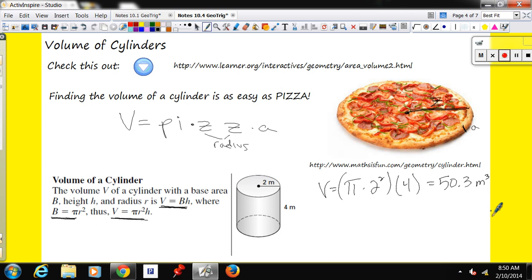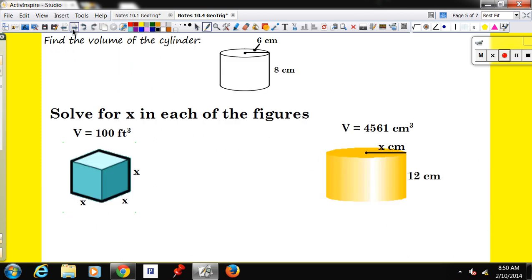I'm going to continue to move just so I can finish. There's like 2 minutes left. So let's get to those last couple. You can go back and see them if you need to. Find the volume of this cylinder. We're going to do pi times 6 squared. That's my big B, and my h would be 8. So 36 times pi times 8.